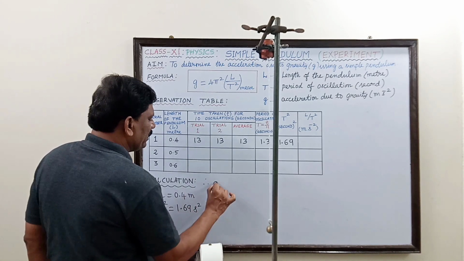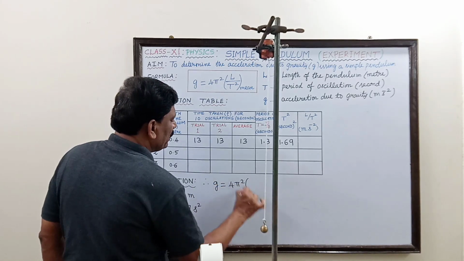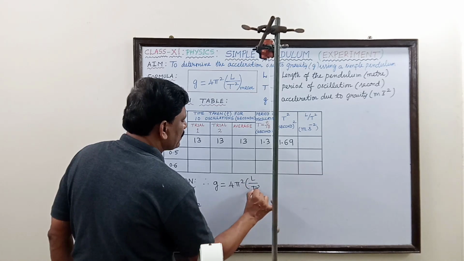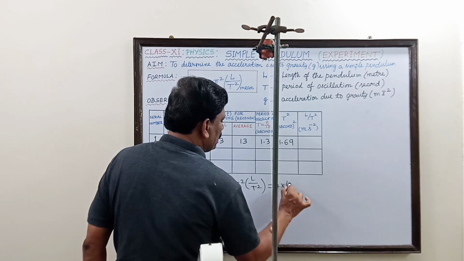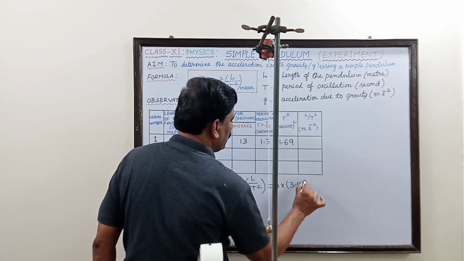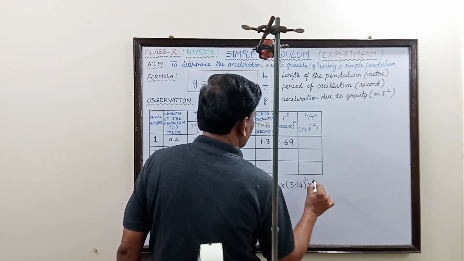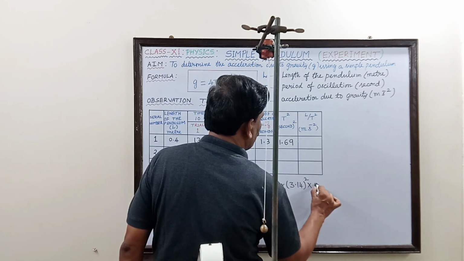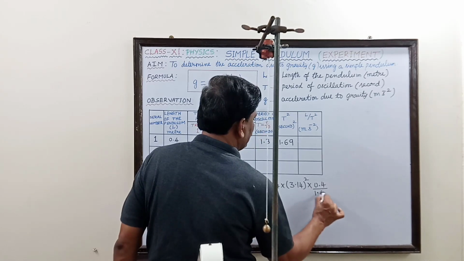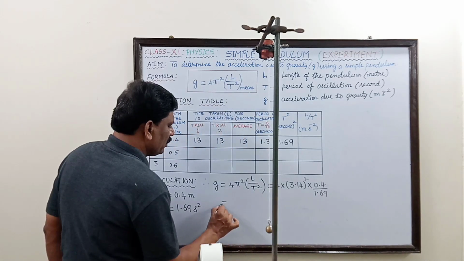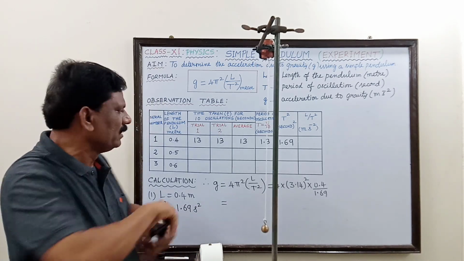Therefore, g is equal to 4 pi square into L by T square. So this is equal to 4 into 3.14 the whole square into L by T square, that is 0.4 divided by 1.69. Let us use a calculator.